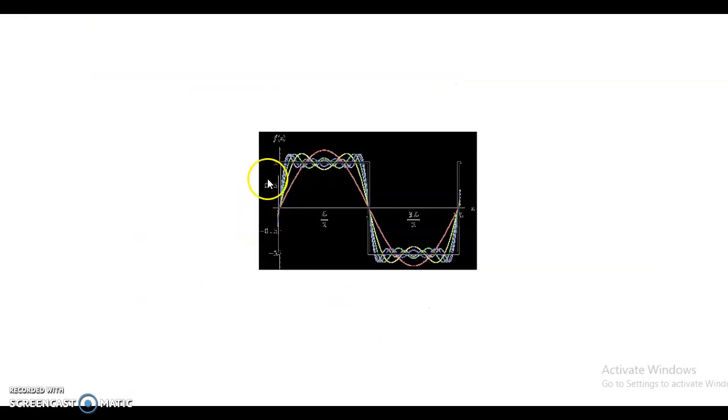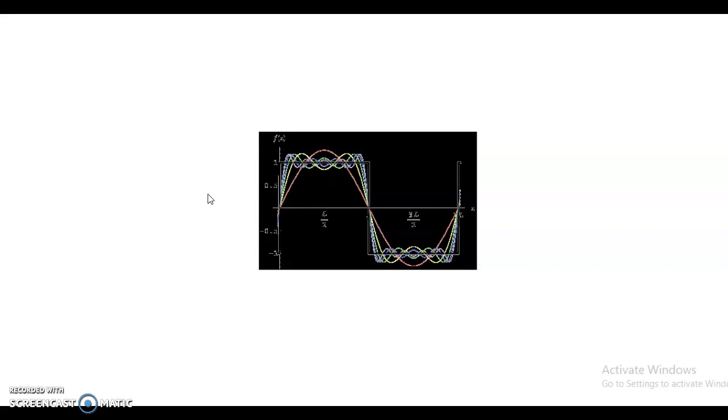Let's talk about some of the practical, graphical and visual aspects of this whole thing. Here you can see that this square box is the original signal x of t. The signals you can see in red, yellow, blue, and green, continuously evolving and moving, are multiple terms of the Fourier series.